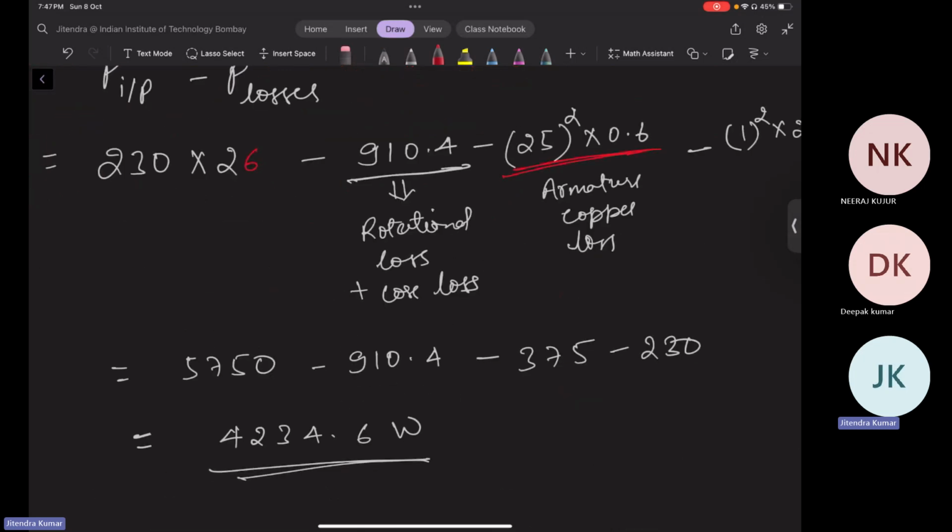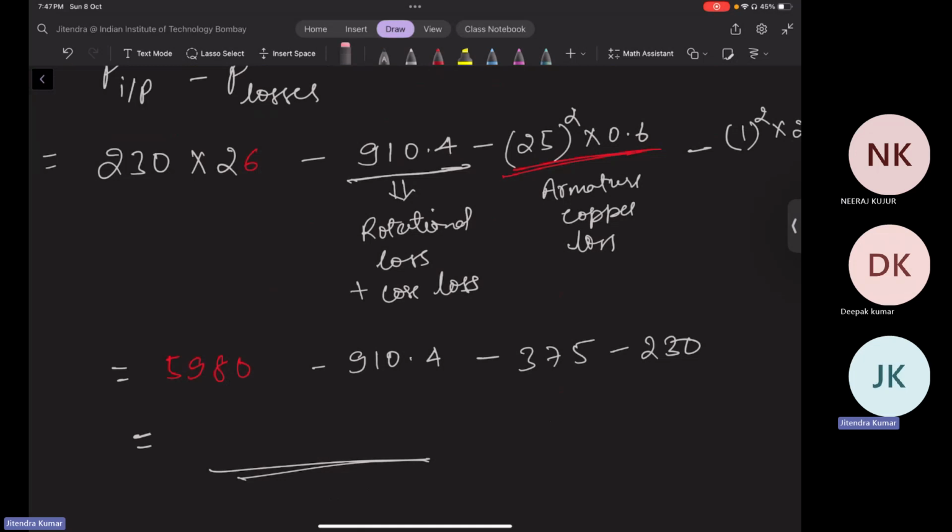So now it will change to 230 into 26, 5980. The rest everything is fine. So now this value will be plus 230.